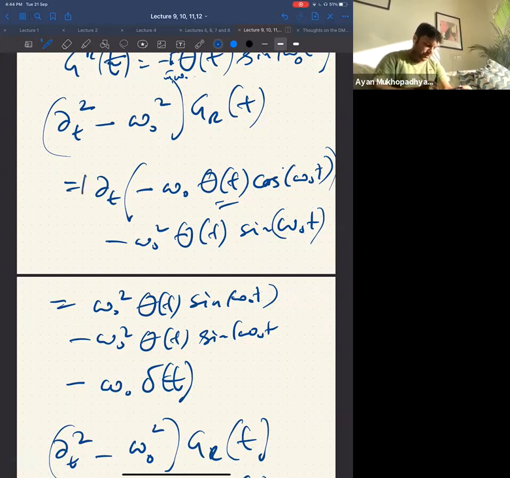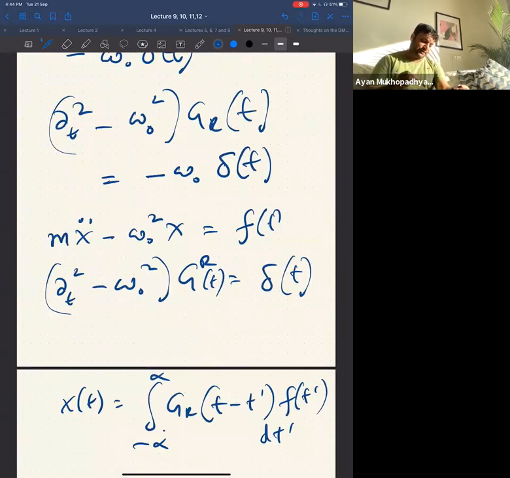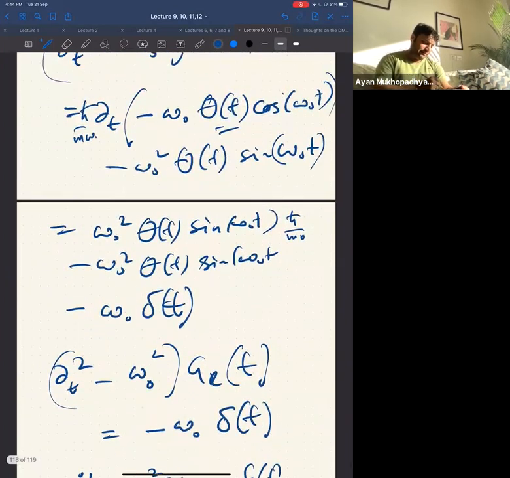So there's an h bar by m omega naught. And actually this is also m x double dot minus m omega naught squared x. So this gets cancelled out, h bar by m omega naught, just multiplying the whole thing.